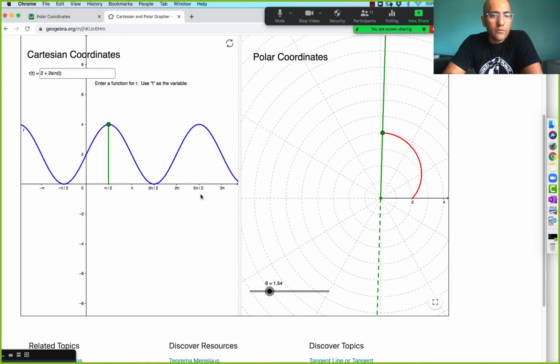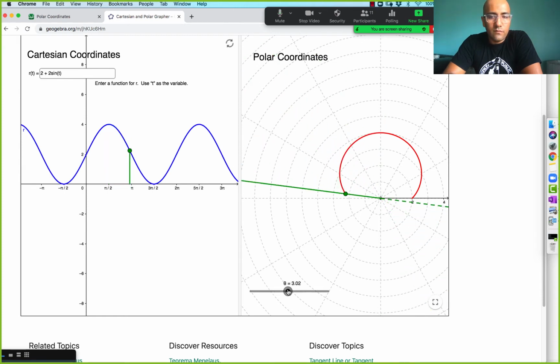That's quadrant 1. And then in quadrant 2, we're going to start off at a 4 and go back down to a 2. Good. In quadrant 3, we're going to start off at a 2 and go all the way down to a 0. And then in quadrant 4, we're going to start off at a 0 and head up to a 2. So we finish off that cardioid.